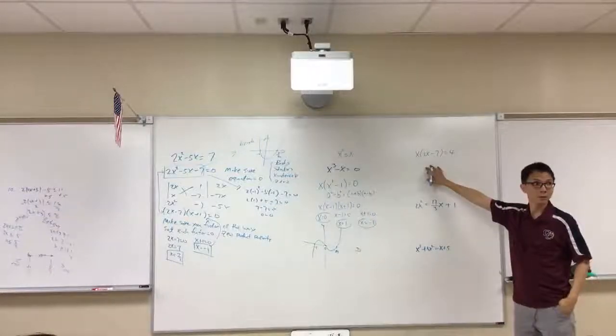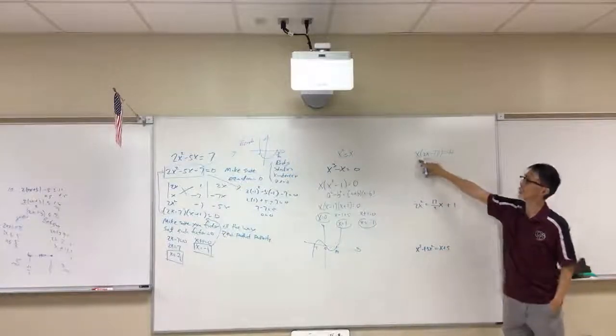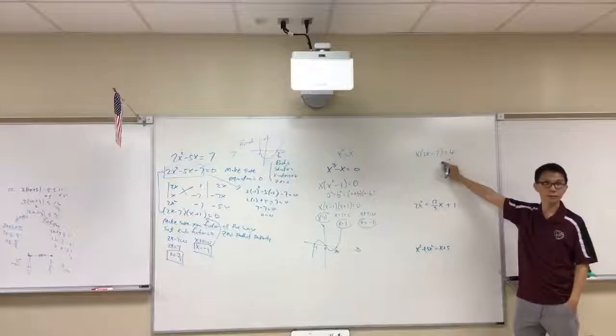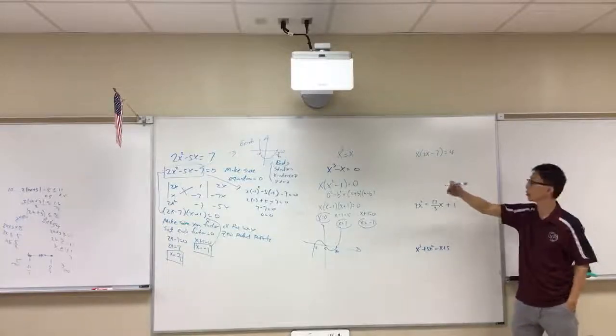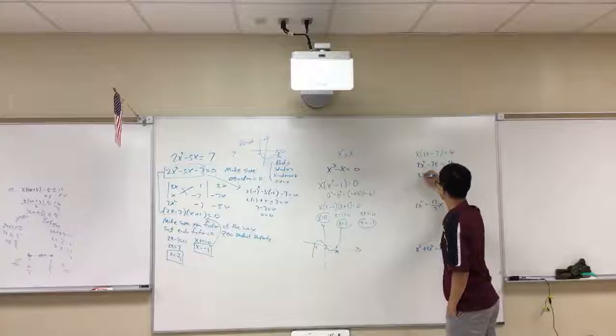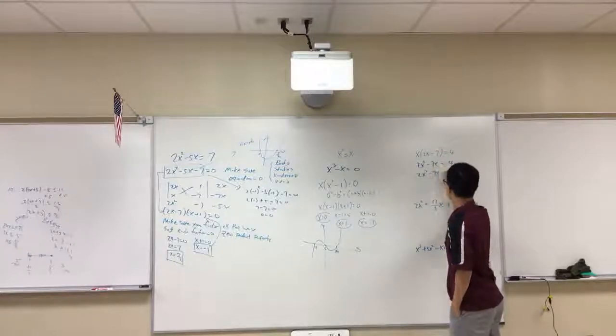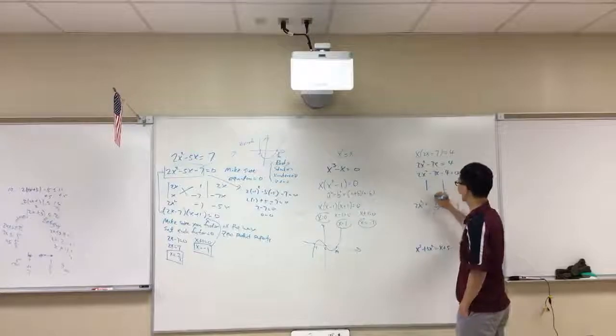Use it as a squared minus b squared? No, it doesn't work. There is no square. Do you see any square here? You distribute. Yes. And then you subtract the 4. There you go. And then I can do a box, right?